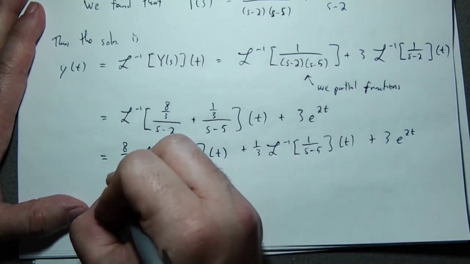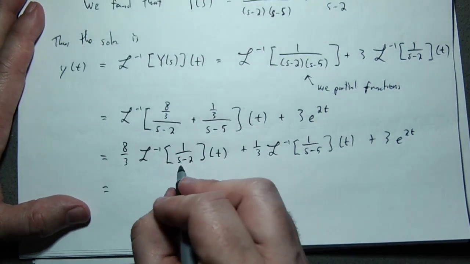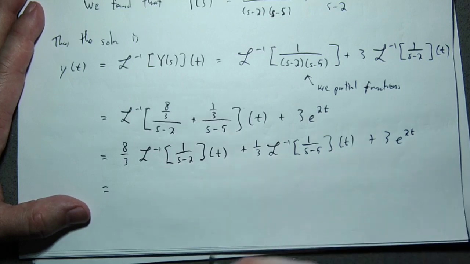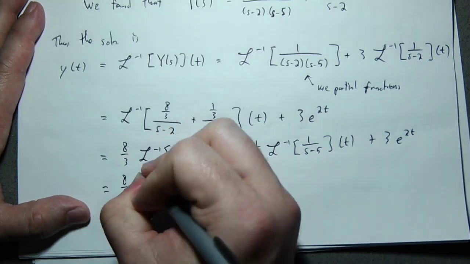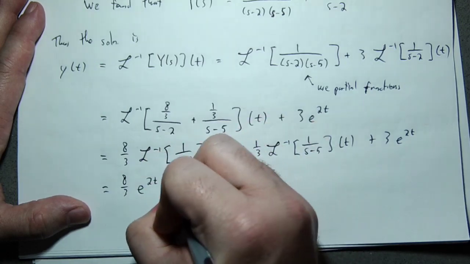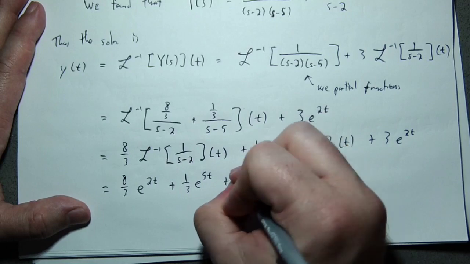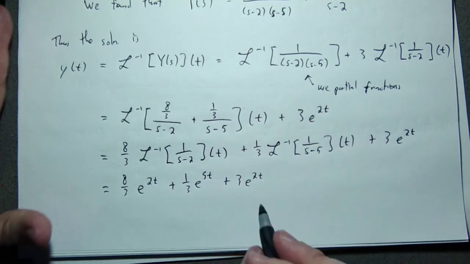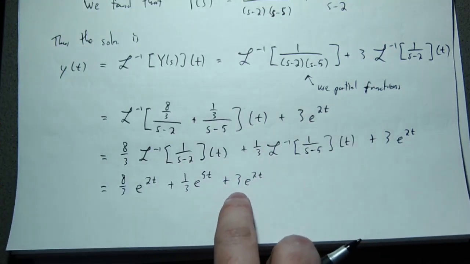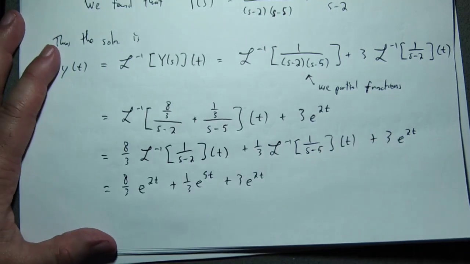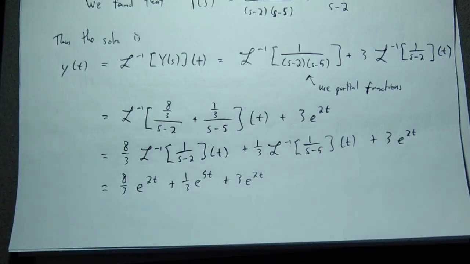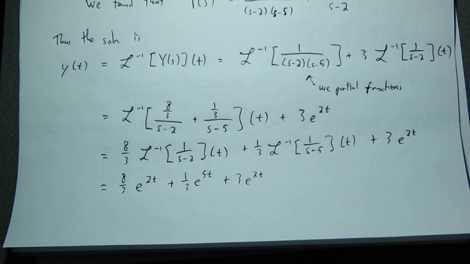Now I can read these off from the table. This is e to the 2t, this is e to the 5t. So this is 8/3 e to the 2t plus 1/3 e to the 5t plus 3 e to the 2t. I can combine these slightly. 3 is 9/3, so this is 17/3 or something? Did I do that right?